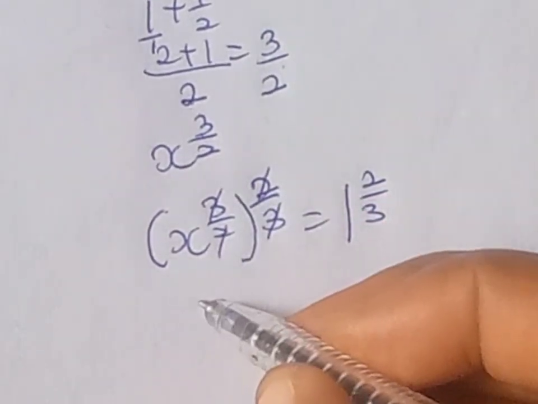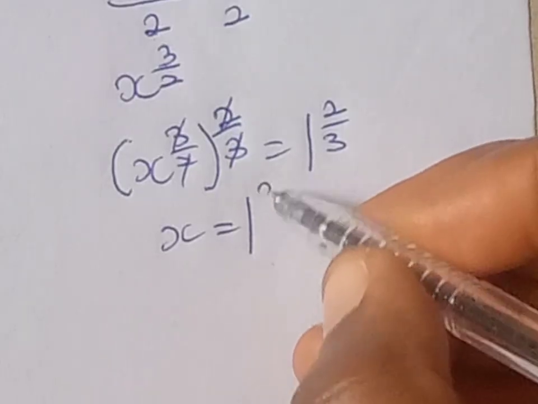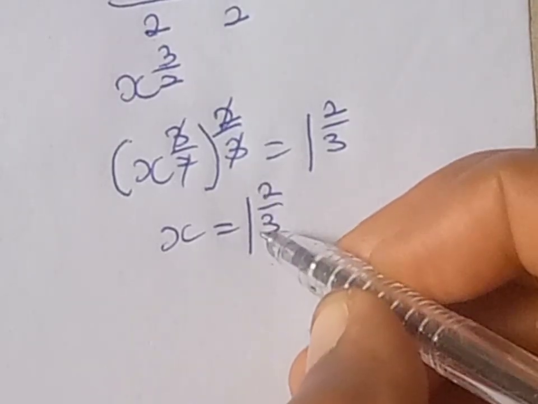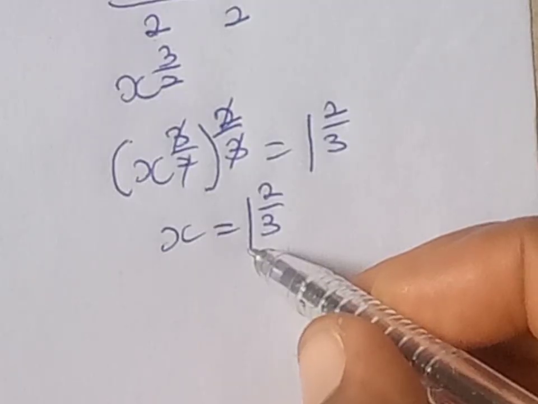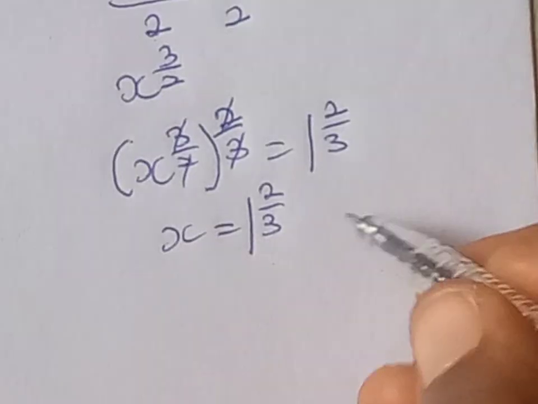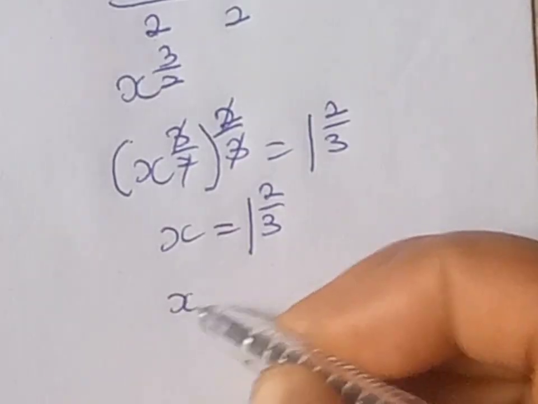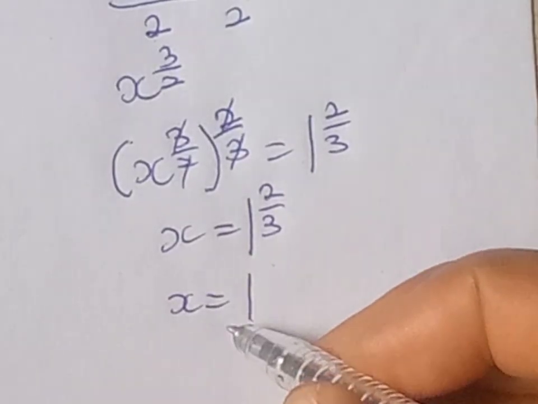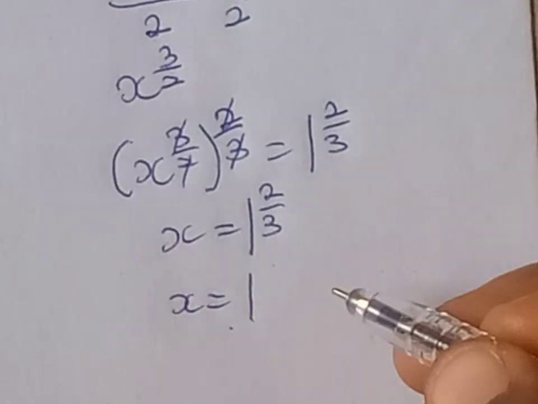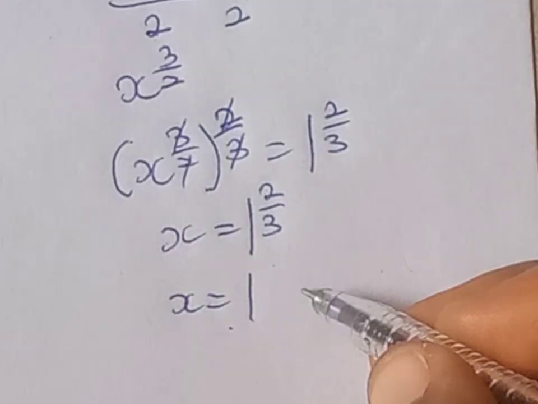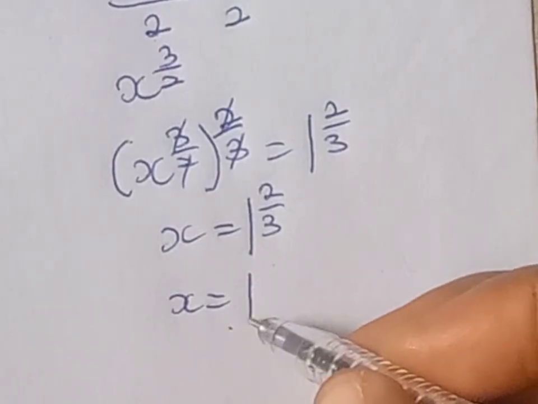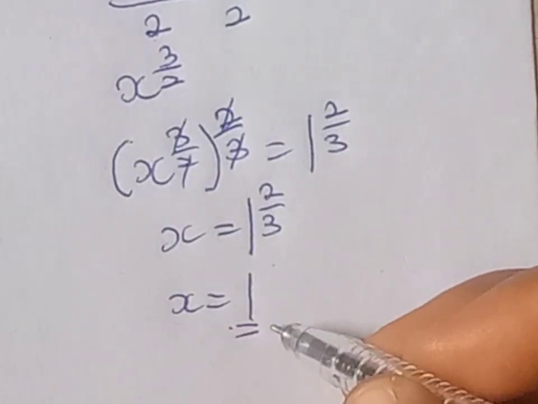So we are left with x equals 1 raised to the power 2 over 3. Since 1 raised to any power is still 1, that means our x equals 1. Using our first method, the fractional exponent, we're able to arrive at x equals 1, which is correct.